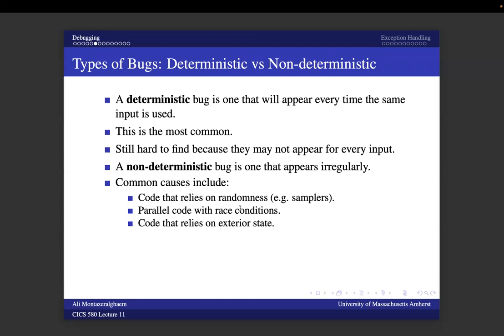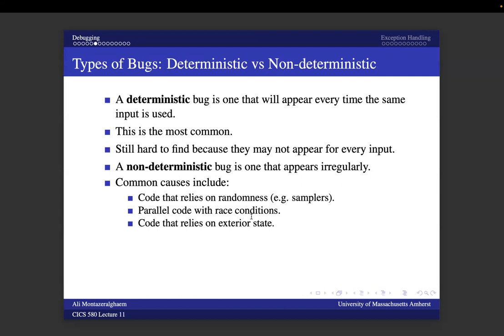Another example of a non-deterministic bug is parallel code with a race condition, which means that there is some condition. If this condition is true, we are getting an error, and if the condition is not true, we are not.